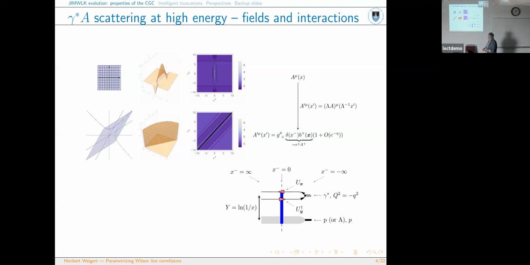This comes about at very high energy, and what you see there on the left is a variable y, also expressed as log 1 over x. This is rapidity. Essentially, this variable is the log of the total energy in this collision divided by the transverse momentum in the collision.